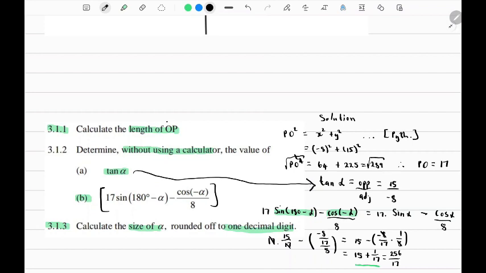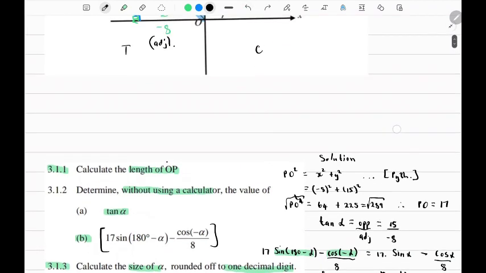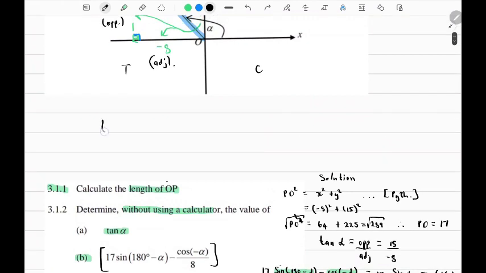So we can use that trig ratio to find the angle alpha. So tan alpha is equal to 15 over negative 8. This implies that alpha should be equal to tan inverse of 15 over negative 8.